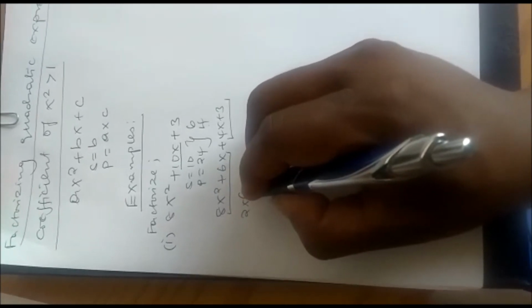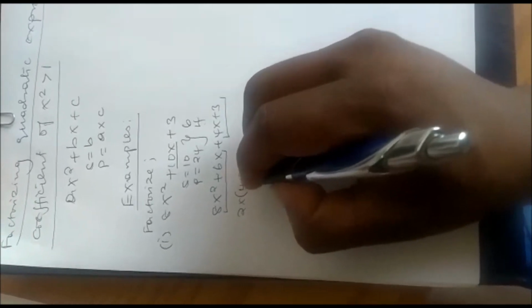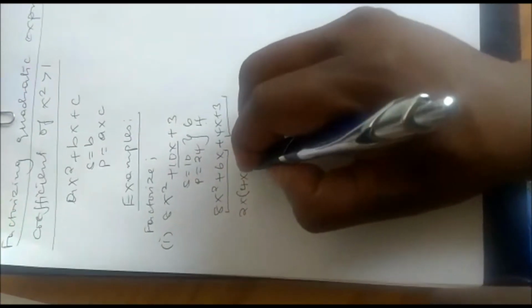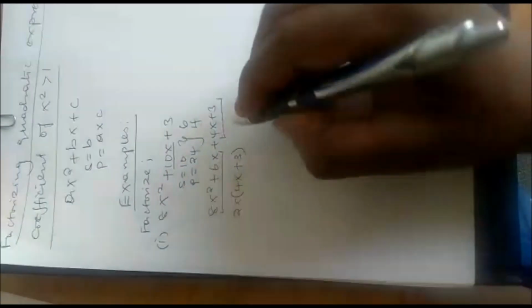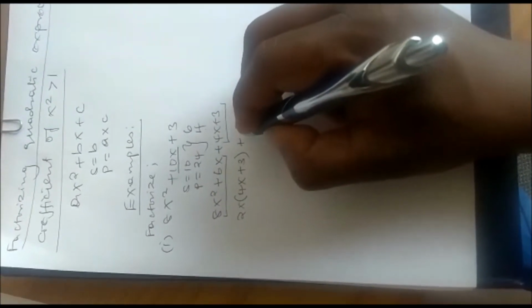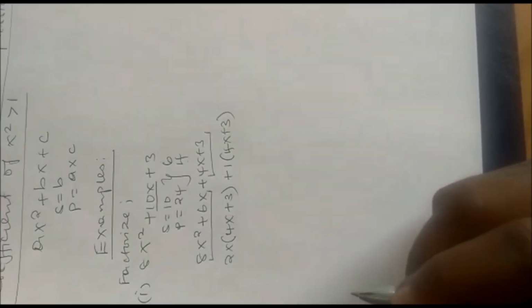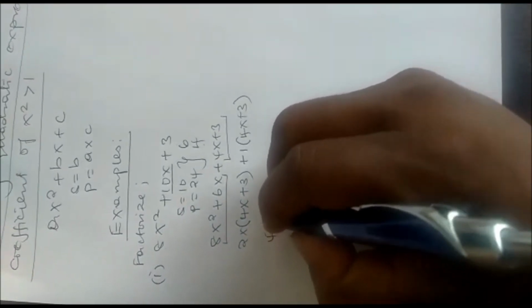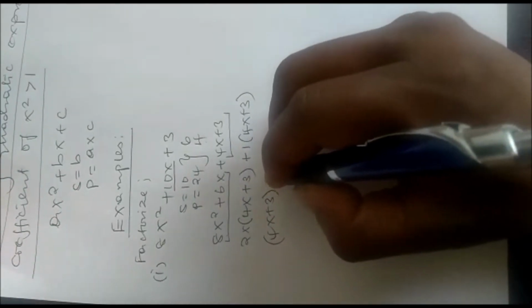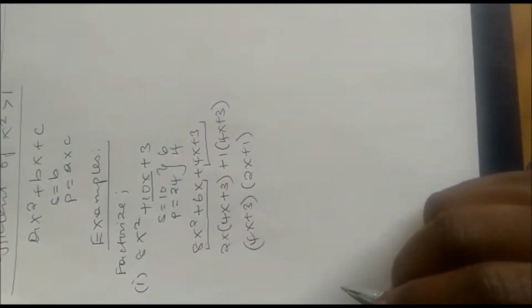Here, inside the bracket, we need to multiply 2x by 4x in order to get 8x squared, and then we need to multiply 2x by 3 to get 6x. In this second pair, we have 1 being common, so we'll have 4x plus 3. Just like we did in the other one, we realize that 4x plus 3 is common, so we shall factor it out, 4x plus 3, then times 2x plus 1, and that gives us our factors.